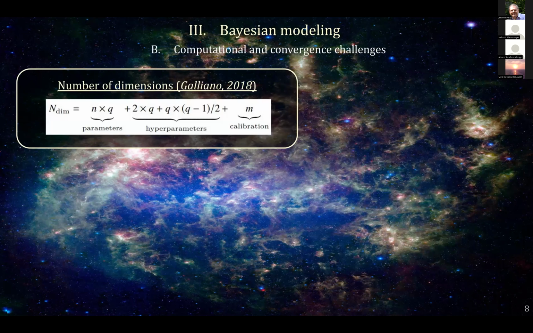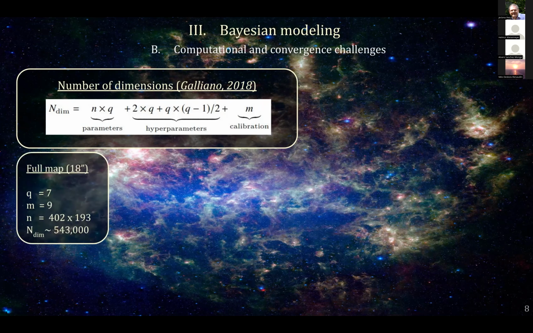But we were blocked by the number of dimensions of our posterior distribution, because as you can see, it depends on little m here, which is the number of pixels, q, the number of parameters, and m, the number of filters. And if you look at the number of dimensions of the full map at 18 arcseconds, it's over 500,000, which is huge. And we have a lot of trouble to make it converge.